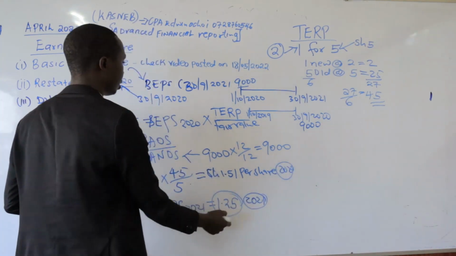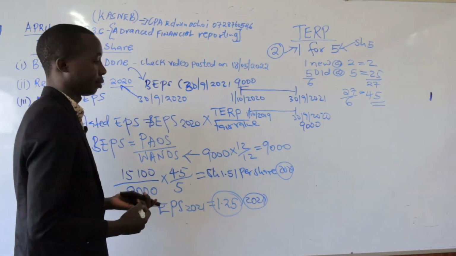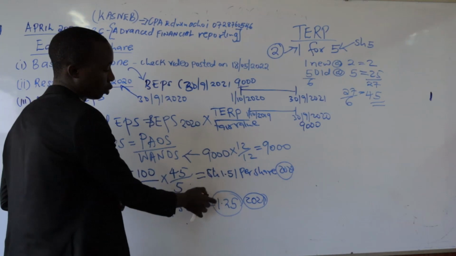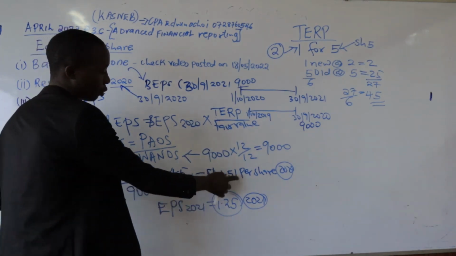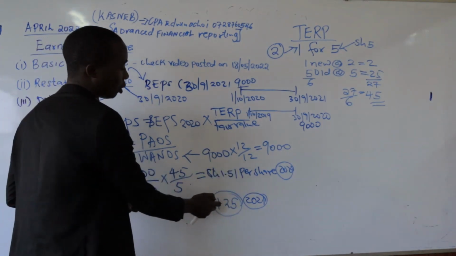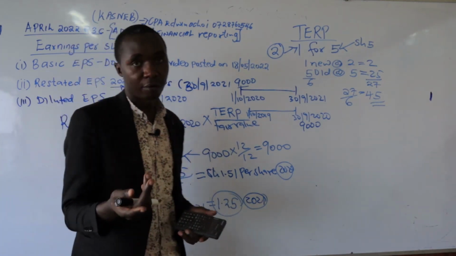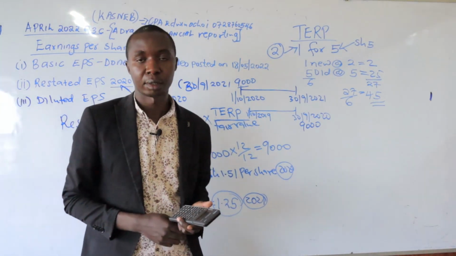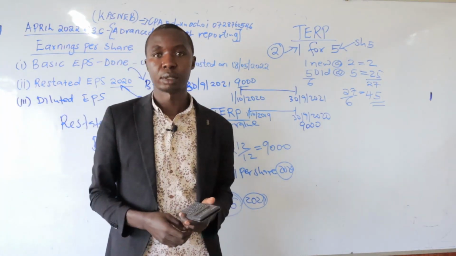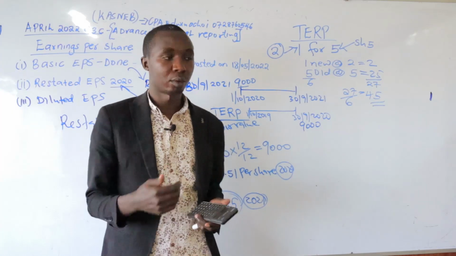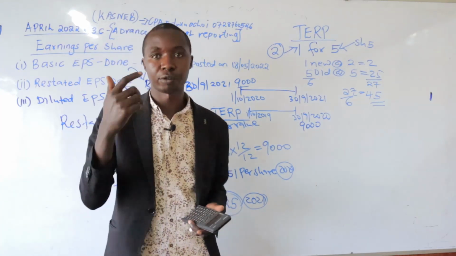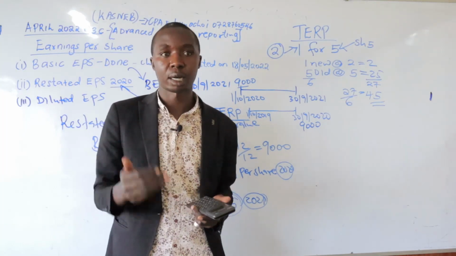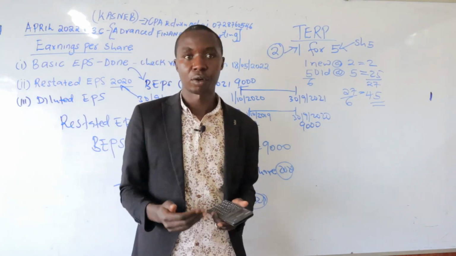You can see there is a decline in earnings per share from 1.51 to 1.25. So you could have commented that the performance of the entity in the 2 consecutive periods declined from 1.51 to 1.25, a slight decline in the performance of that entity.